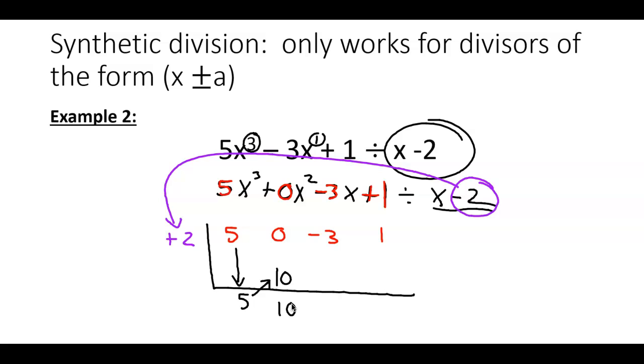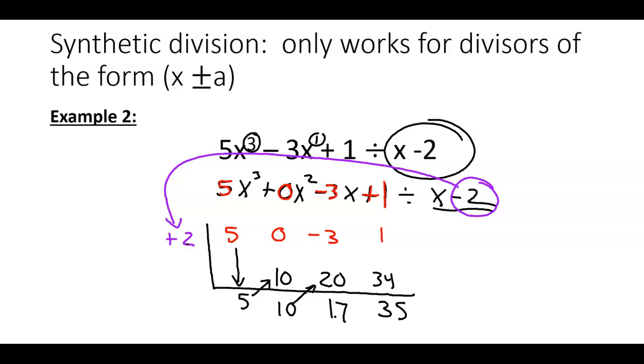Then we multiply again. 2 times 10 is 20. I'm going to put that right there. And then we add again. That's going to be 17. And you multiply again. 2 times 17 is 34. And we add again.